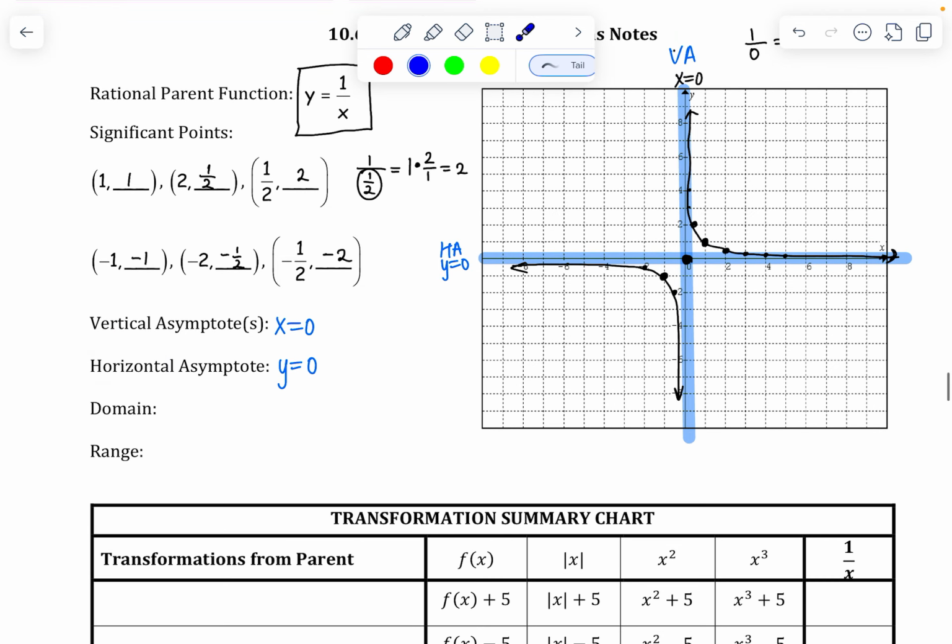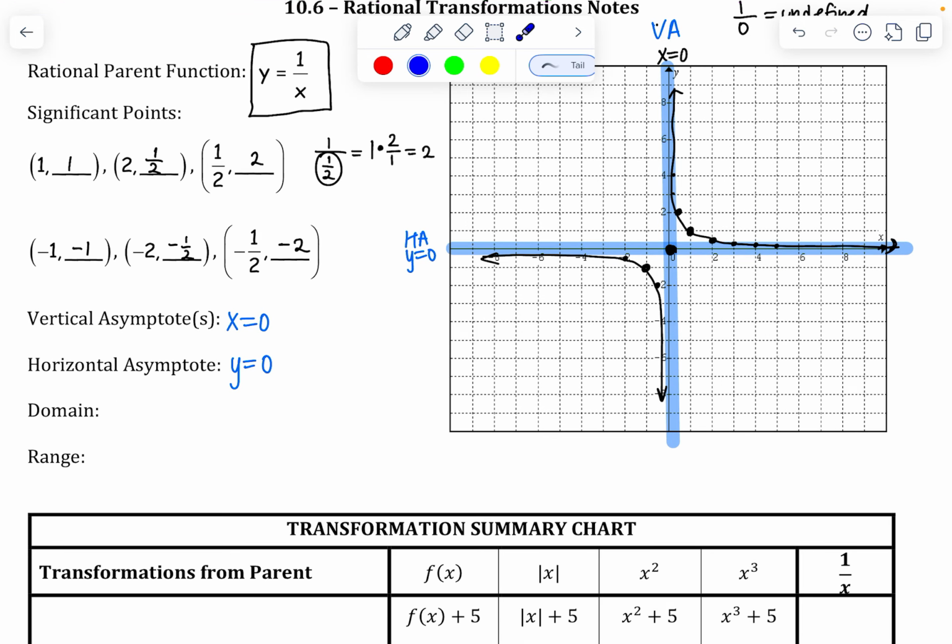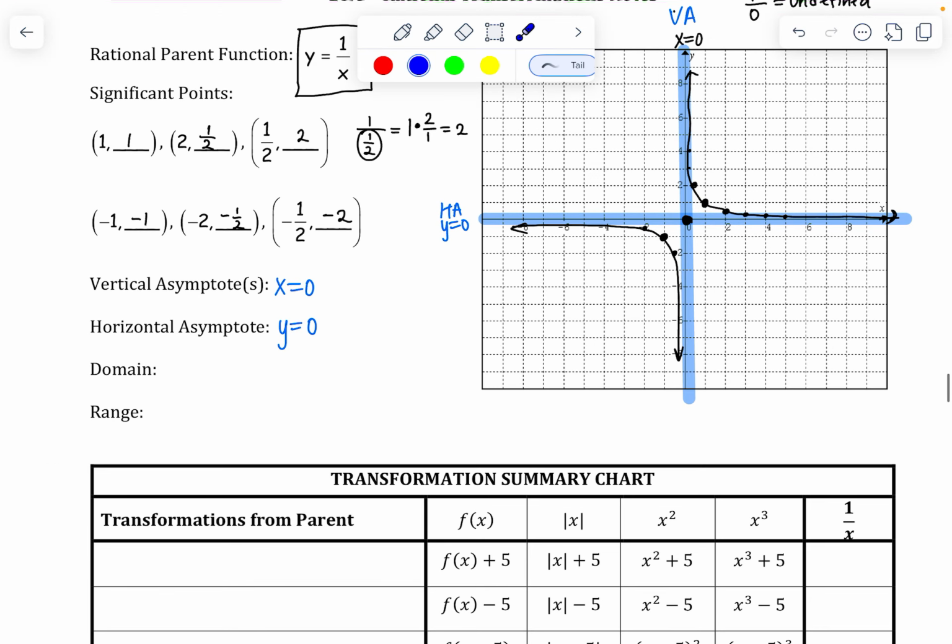And then for our domain and range, we can have every other value except where the asymptotes are. For the domain, we're going from -infinity. This function keeps going to -infinity, but it gets interrupted by this asymptote at 0 and then picks up on the other side and goes to +infinity. So our domain would be from -infinity to 0, union 0 to infinity.